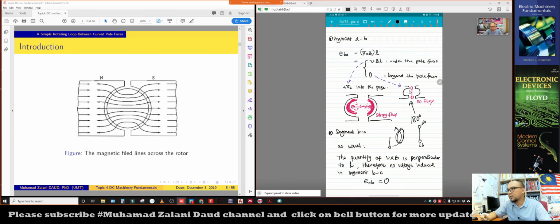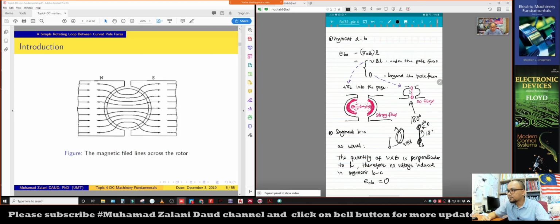Under the pole faces here it is VBL. When AB turns and reaches 180 degree rotation, what happens at that segment is 0.